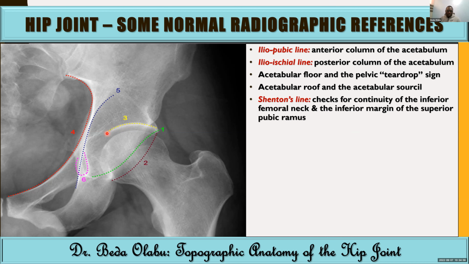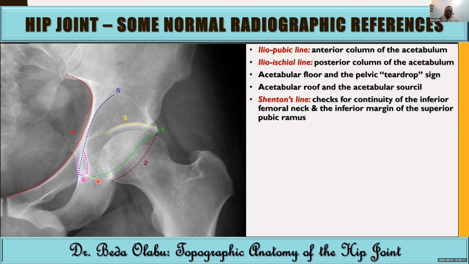We have a line which we call Shenton's line. Shenton's line checks for continuity of the inferior femoral neck and the inferior margin of the superior pubic ramus. Now follow that pointer.